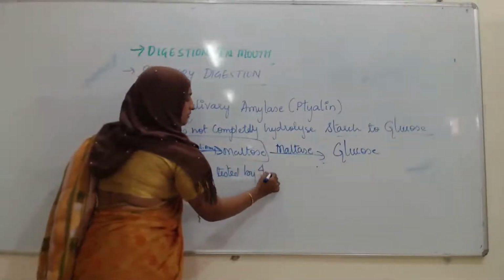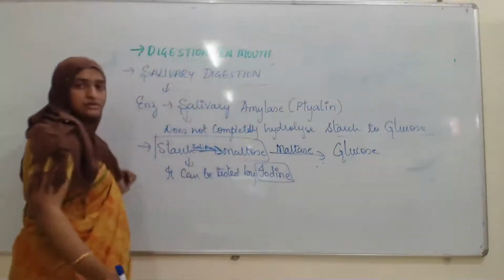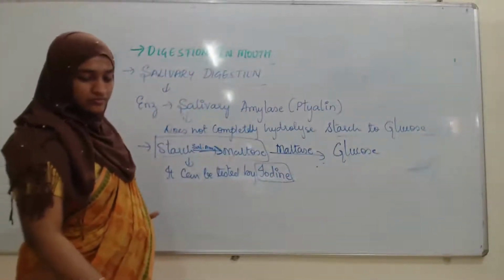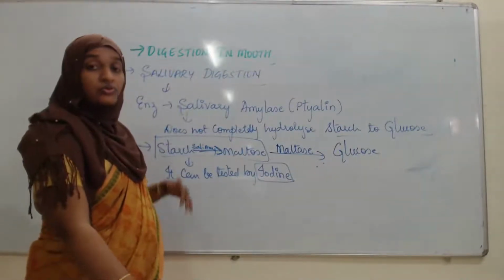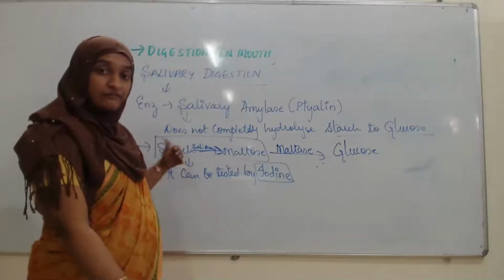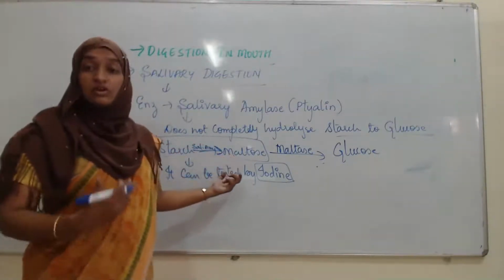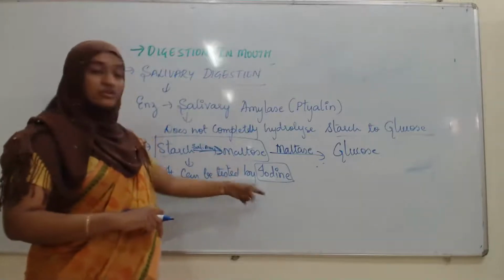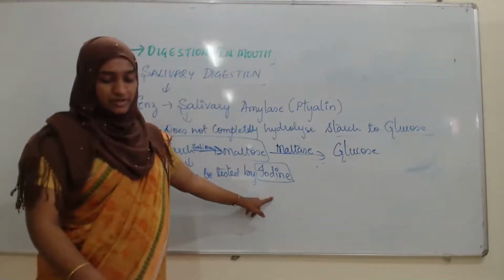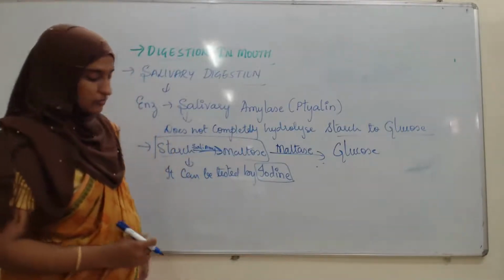By a substance that is known as iodine. How will you come to know whether the starch gets converted into maltose or not? You can test by using iodine. Starch gives a blue color with iodine.